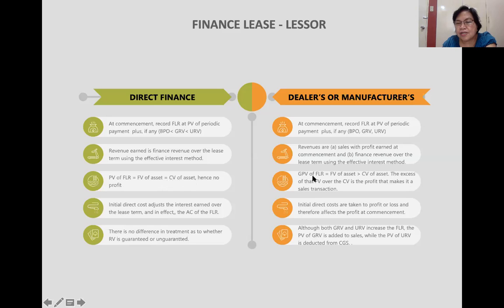So present value of finance lease receivable will equal fair value of the asset, but this fair value exceeds the carrying value of the asset. Therefore, this excess is the profit that makes it a sales transaction.